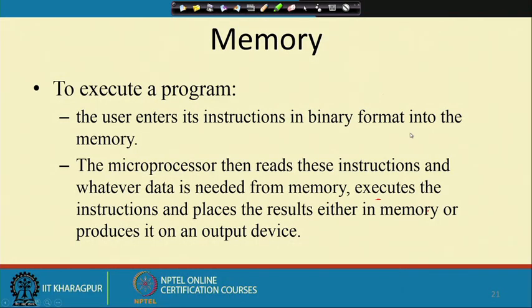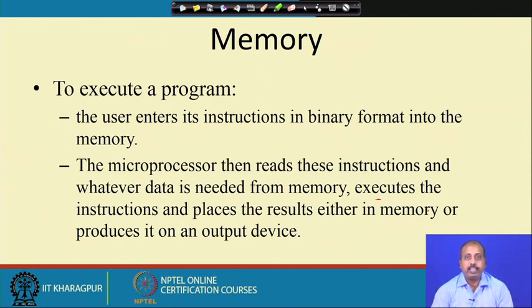To execute a program, the user will enter instructions in binary format into the memory. Apparently, it seems a bit awkward, like how the user will enter the program in a binary format. We never do that. We write our program in some high level language, and those high level language programs are converted into this binary level, which is known as machine level, by using some compilers.